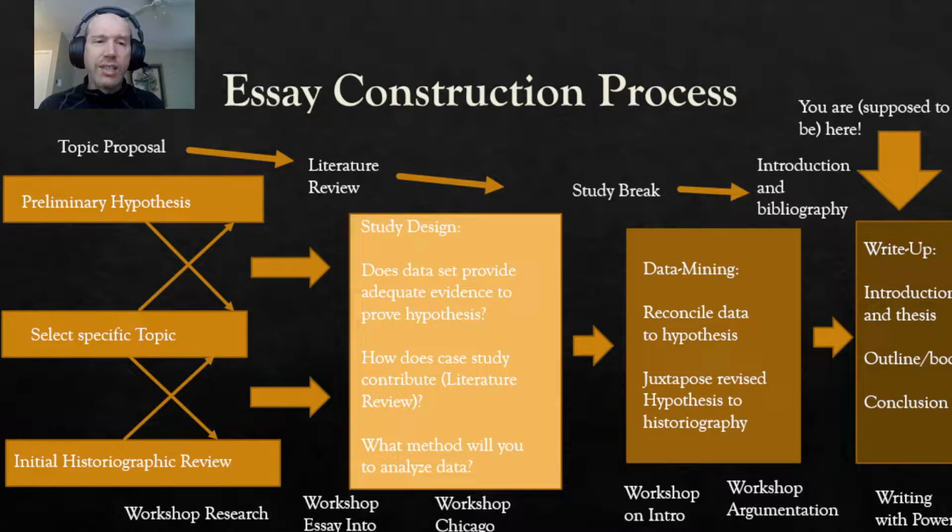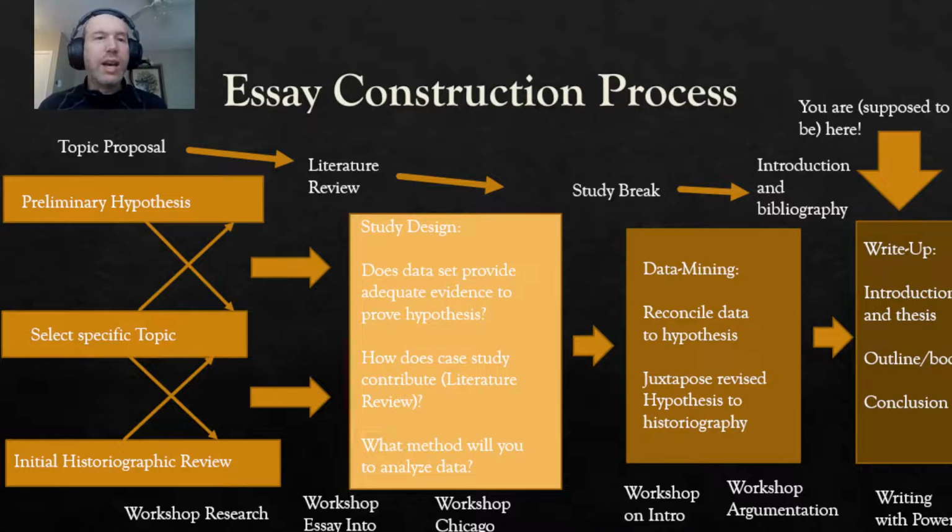So you had to select a general topic, do some initial historical research, and develop a hypothesis relative to your historical question. Then you did a more in-depth literature review to understand what the historiography of your topic was, and this enabled you to put together a scientific study, a data set that you were going to explore that could answer your historical question.